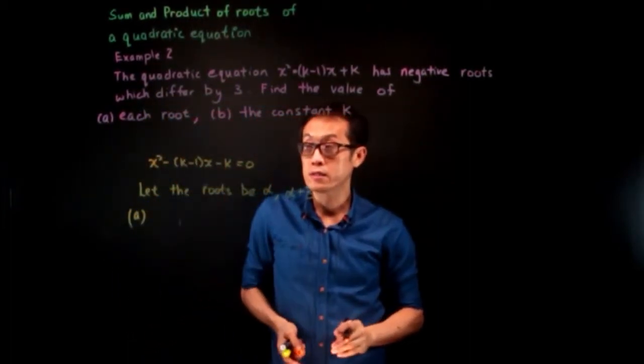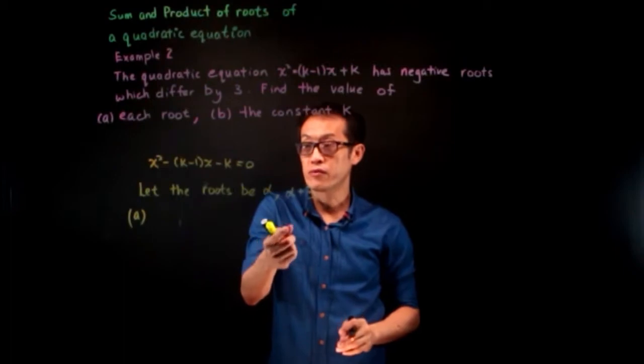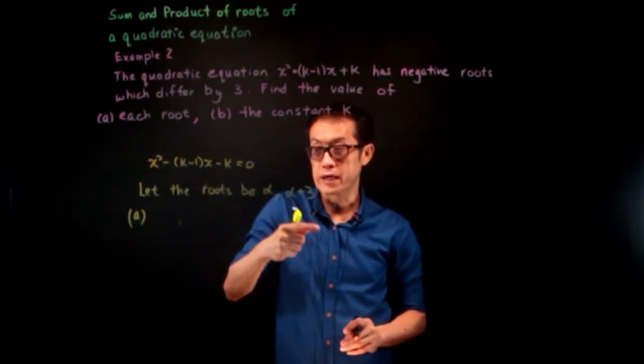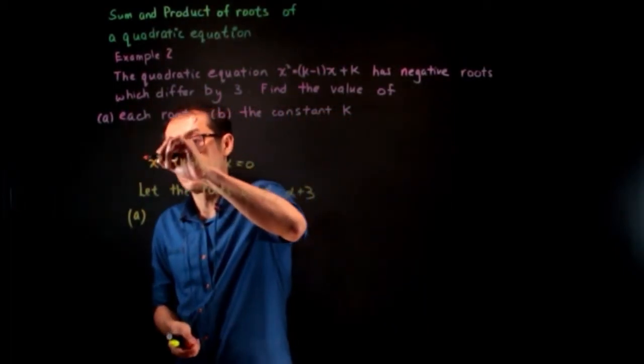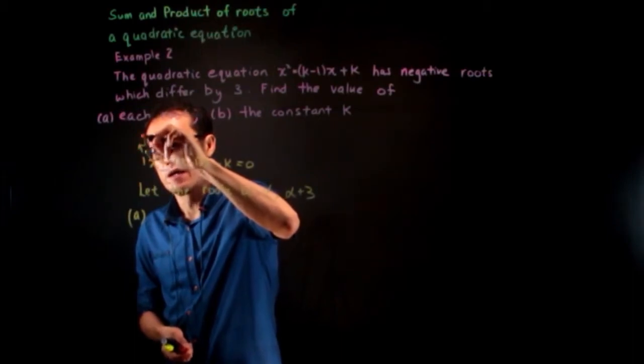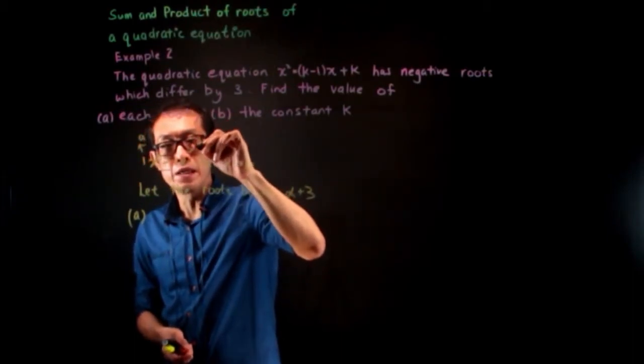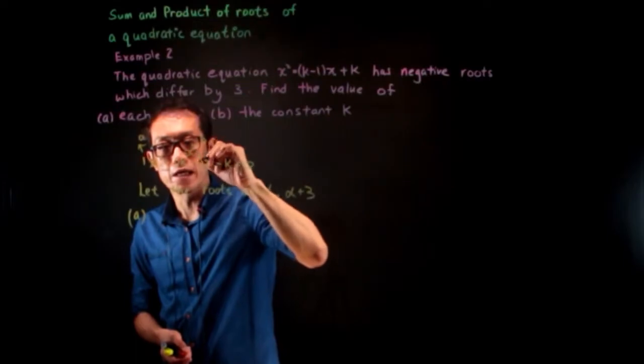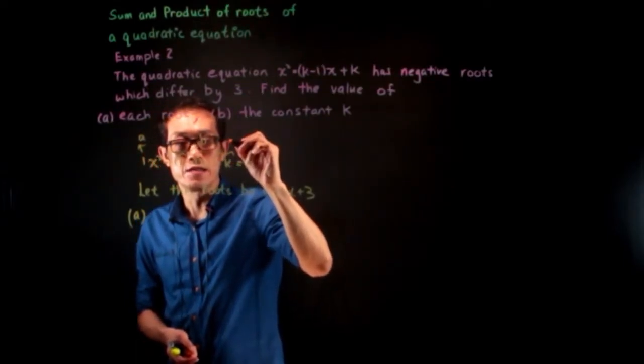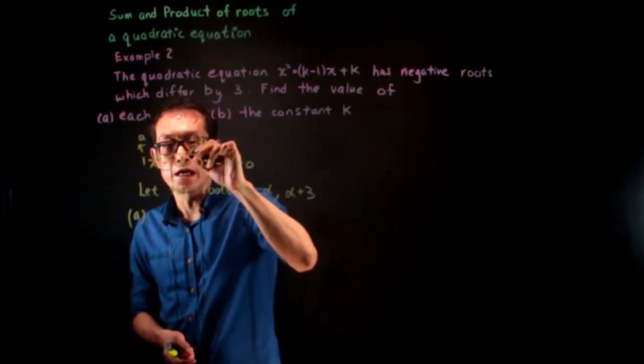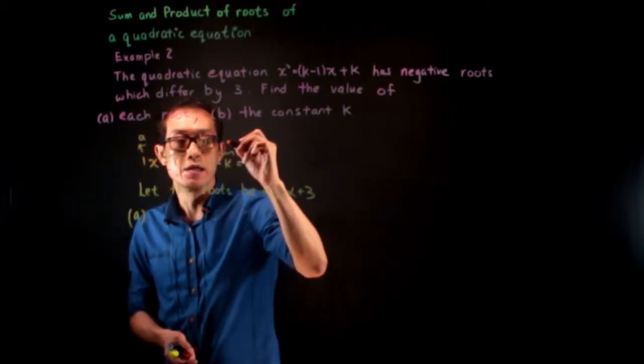So we learn that the sum of roots is minus b over a. So your 1 is your a, and minus (k minus 1) is your b, and this is c.